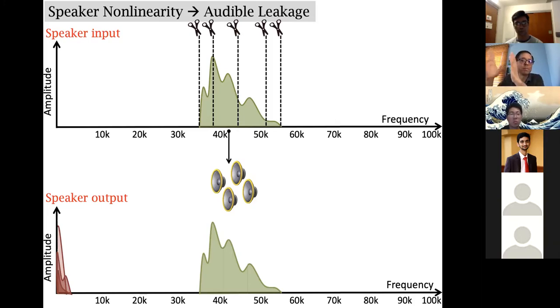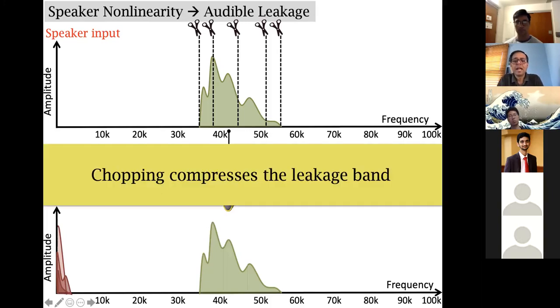If I have more speakers and I slice the Green Mountain at smaller frequencies, then the bandwidth of the audible signal will be smaller. Make sense? Because I can squish it, right? So now this is my leakage signal, the red part. So chopping the green signal compresses the leakage band, right?